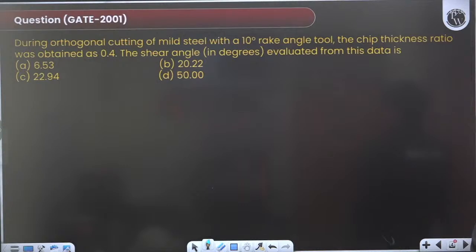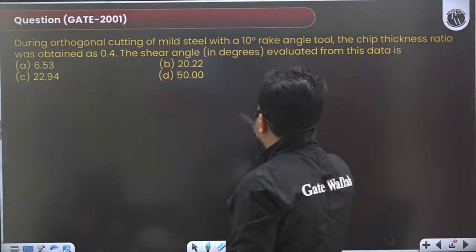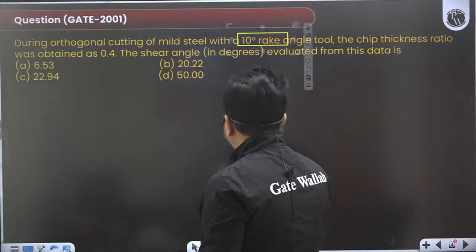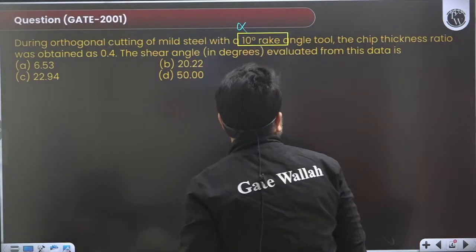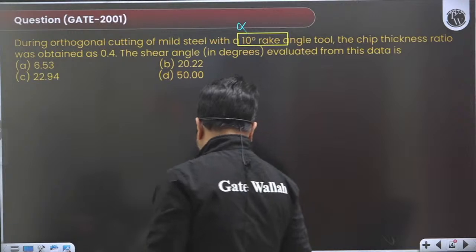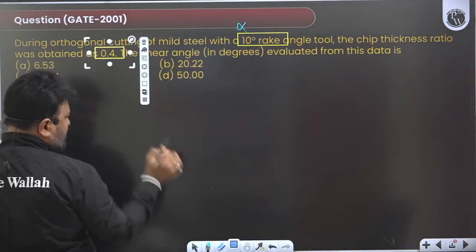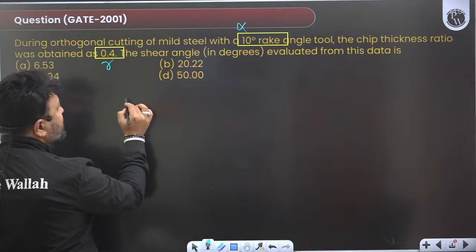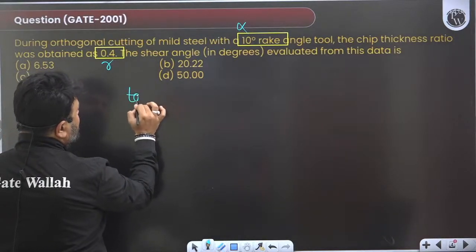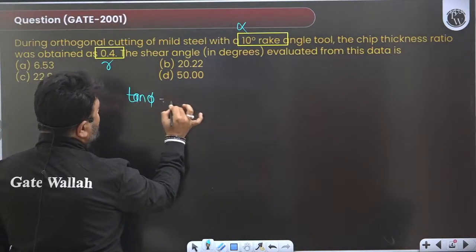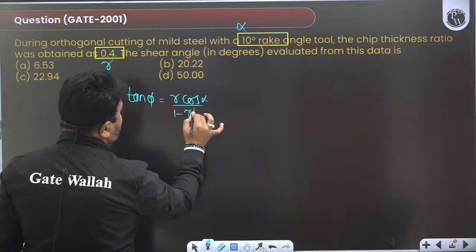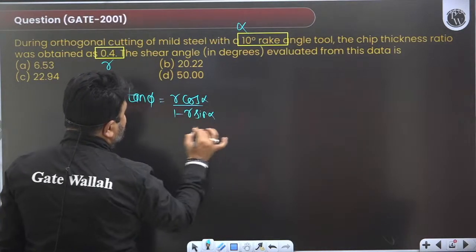During orthogonal cutting of mild steel, rake angle is 10 degree. The chip thickness ratio was obtained as 0.4. We have to find the shear angle. So tan phi equals r cos alpha divided by 1 minus r sin alpha.